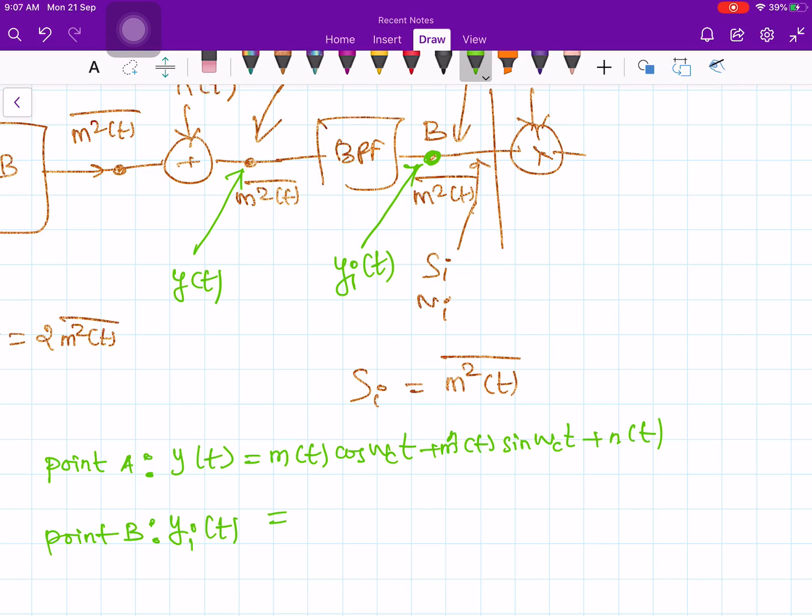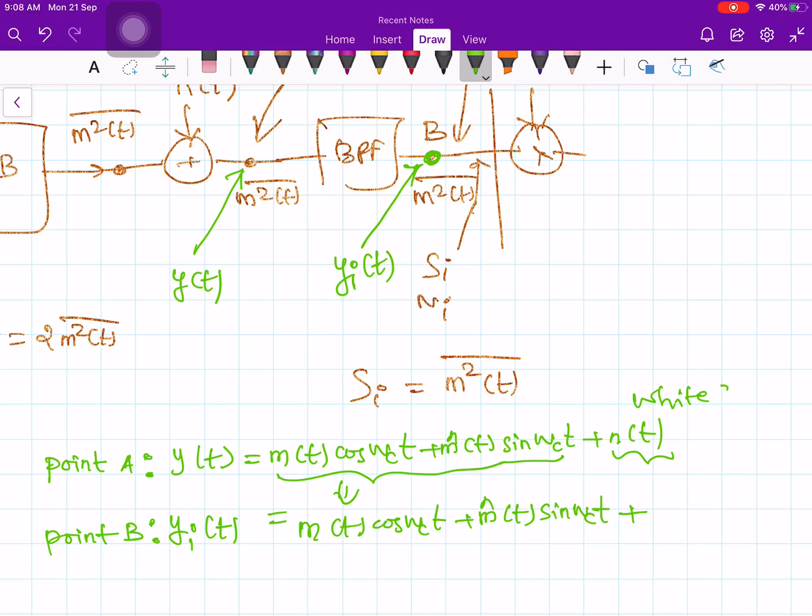this is a band pass signal, so it comes as it is: m of t cos omega ct plus m cap of t, the Hilbert transform of m of t, times sin omega ct, plus this n of t, which is white Gaussian noise.